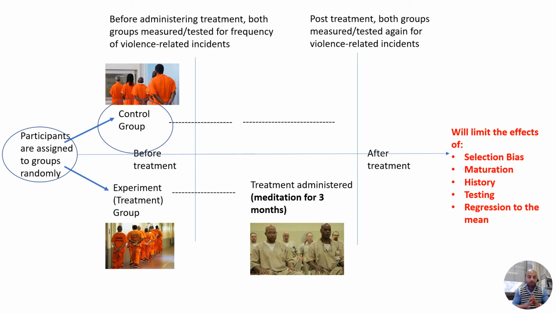So when you randomly allocate participants and you find out later that maybe it was not the treatment that resulted in the outcome of the research, it's still randomized. You didn't control it.